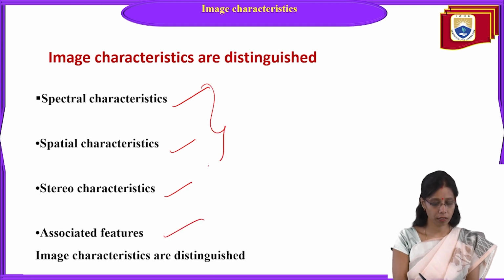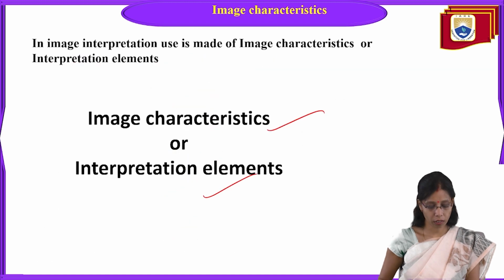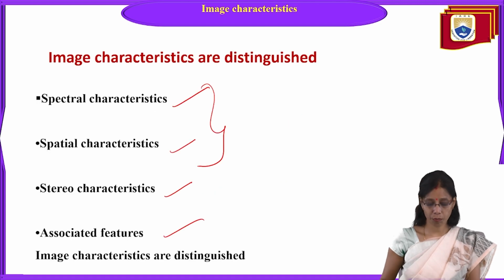Majorly we can just discuss the spectral and the spatial characteristics. When you talk about interpretation elements, we have the key elements which we have seen before: tone, texture, shape, size. This will be discussed in the coming lecture also. So image characteristics means spectral and spatial characteristics. These two we consider basically.